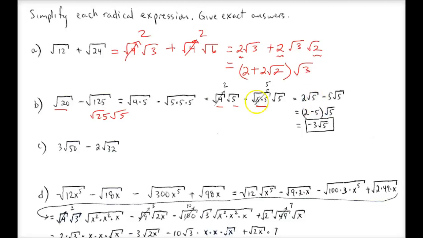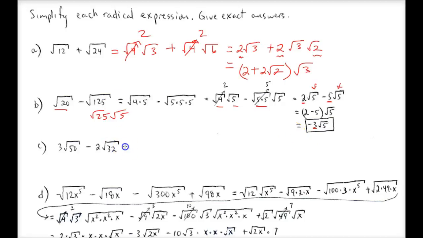And so from there, we know that square root of 25, which I have written here as square root of 5 times 5, is just 5. So that's where this 5 comes from. The square root of 4 is 2, so that's where we get that from. And we see that in both terms, we have left a square root of 5. So we know that these are like terms. So 2 minus 5 is a negative 3. And then we just append on the square root of 5.